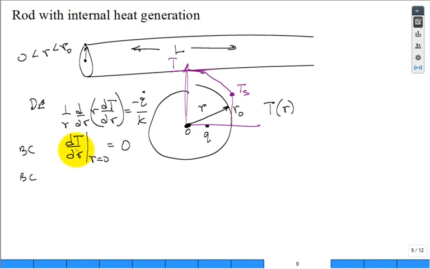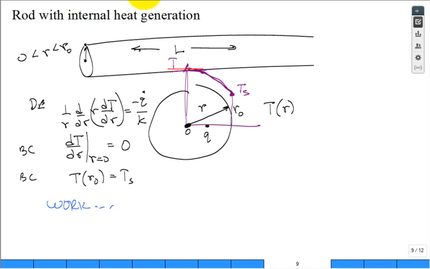You got to get that boundary condition correct. So the slope of this profile right here, it's flat at R equal to 0. The derivative is 0 there. Okay. Then the other one is that T at R naught is equal to TS. A little bit of work, and you can solve for the temperature distribution in that rod.